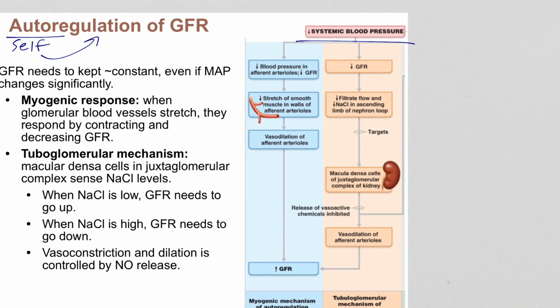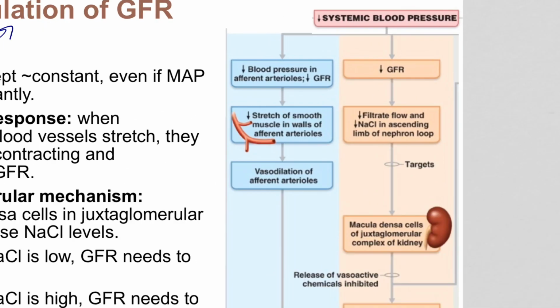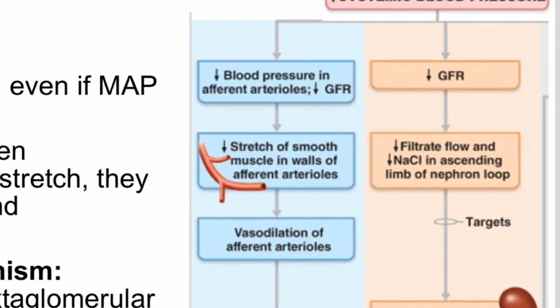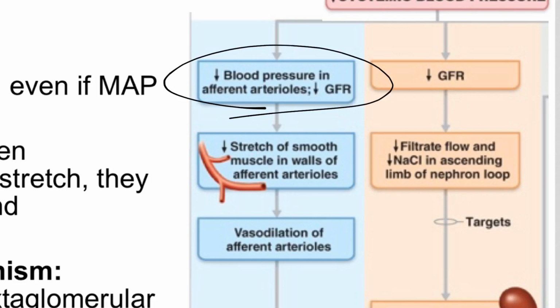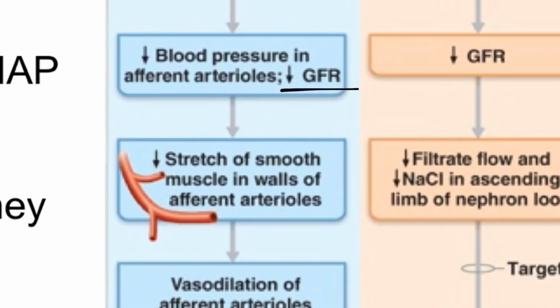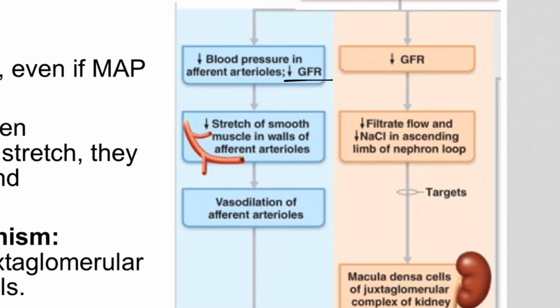Okay? So they're using the example of pressure going down. You could easily reverse all this and do it for pressure going up as well. So if your systemic blood pressure is down, blood pressure in the afferent arteriole is also going to be down, which will make your GFR go down. You don't really want that to happen.